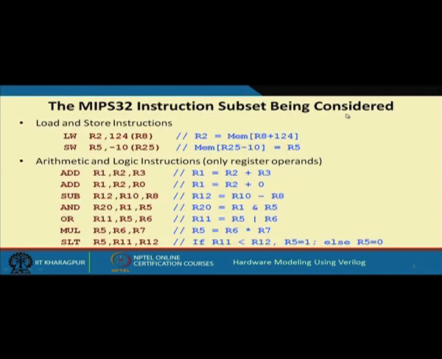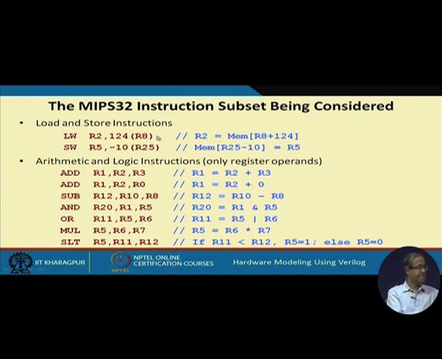So, the instruction subset that we are considering is summarized here. Firstly, there are load and store instructions. I am illustrating with examples how they look. The load instruction is like this: load word, LW R2, 120(R8), where R2 and R8 are registers.